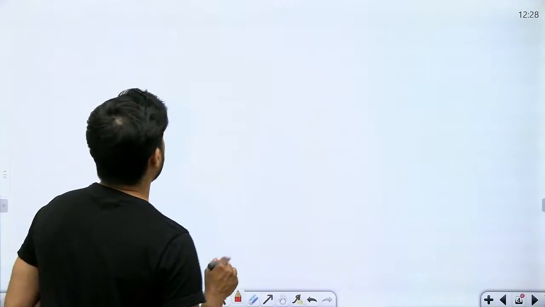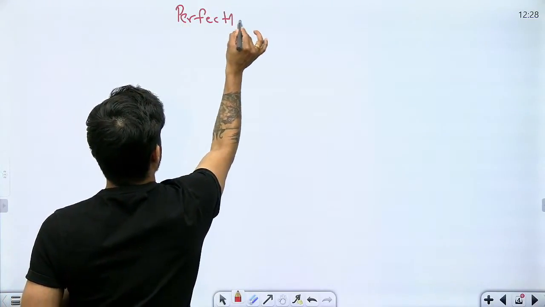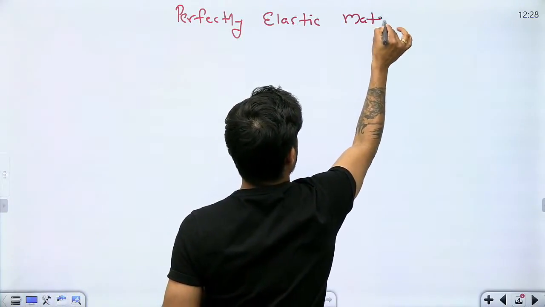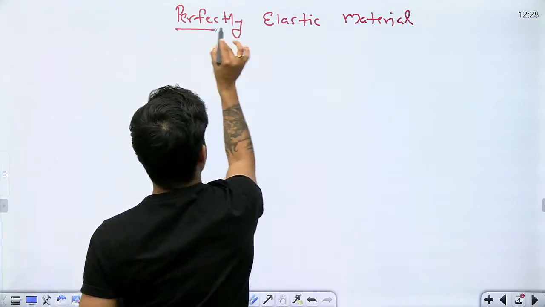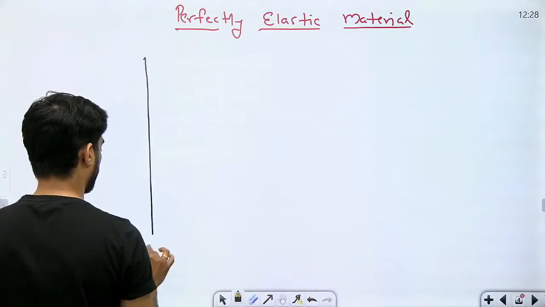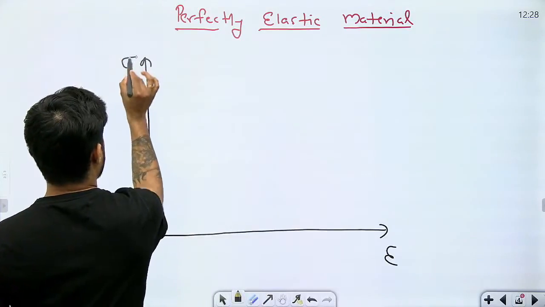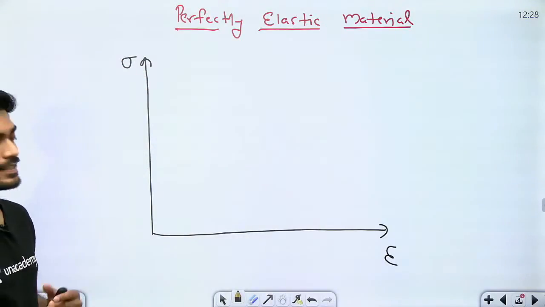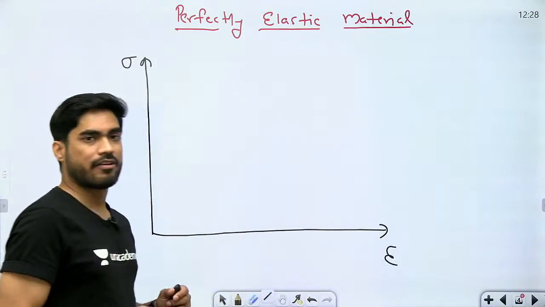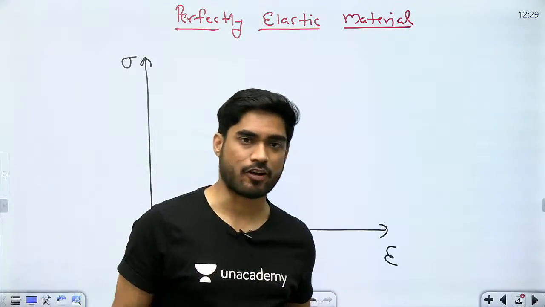बस हम ये देख रहे हैं. ओके, सो फर्स्ट ऑफ ऑल वी विल ड्रॉ द स्ट्रेस स्ट्रेन डायग्राम ऑफ अ परफेक्टली इलास्टिक मटेरियल. So let's say this is strain, this is stress. So what do we mean by perfectly elastic material? A perfectly elastic material is one in which there will be no yielding, there will be no plastic deformation.